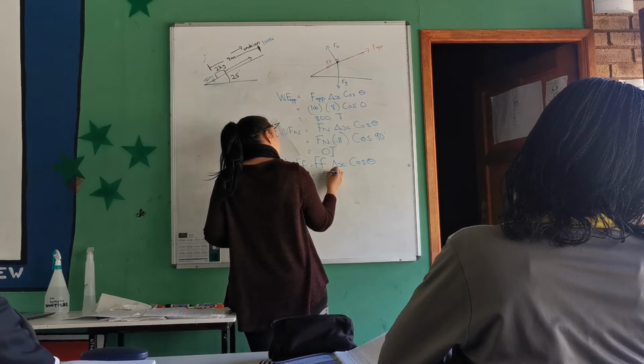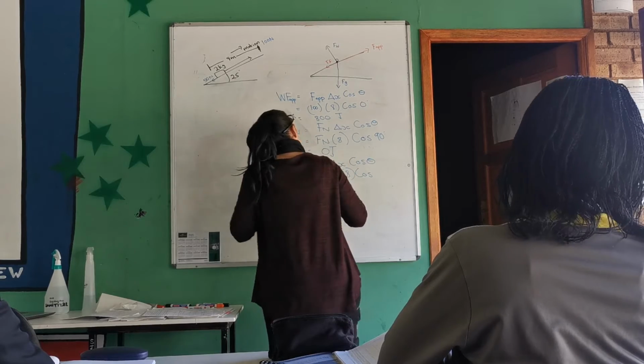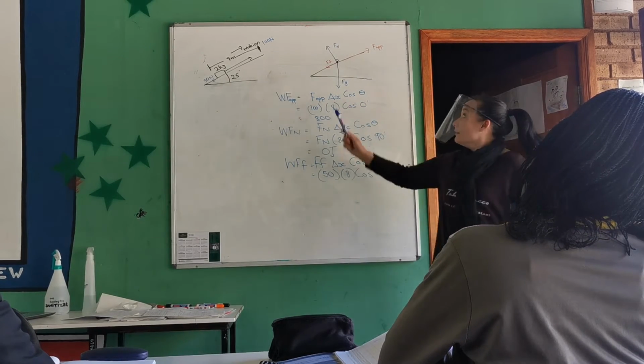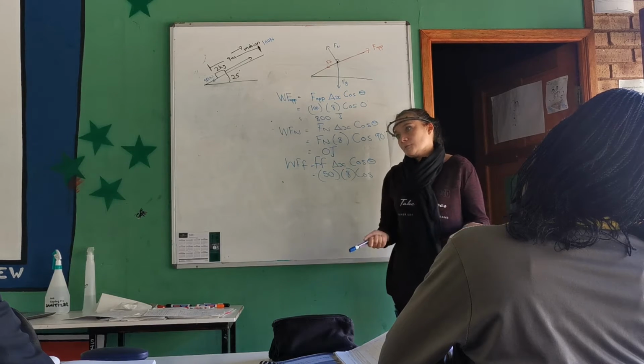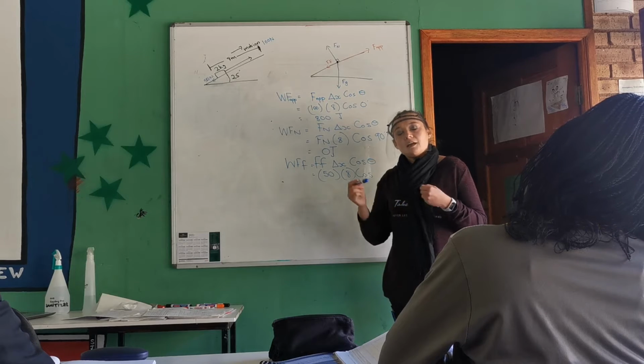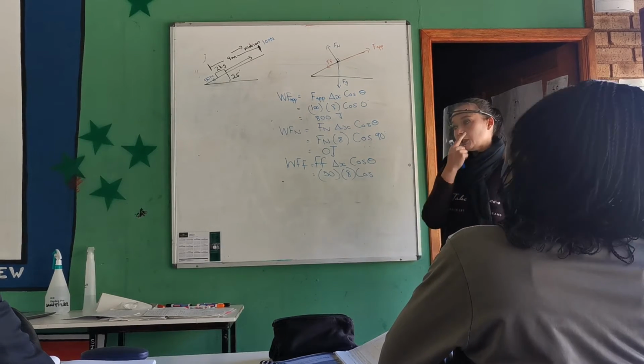My frictional force was given to me as 50 in the question, 8 for that. And at this point, I'm going to pause and I'm going to say to you, this is that place where the direction of motion is important. Because my frictional force is 180 degrees away from the movement of my object always.